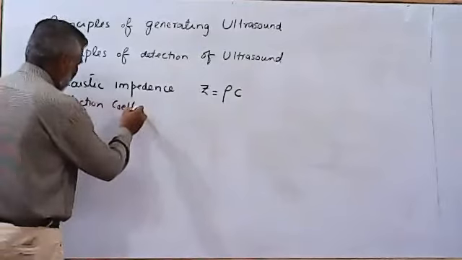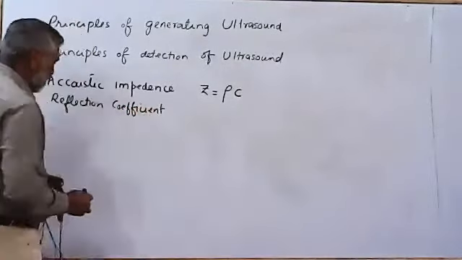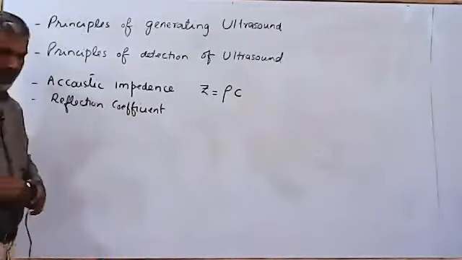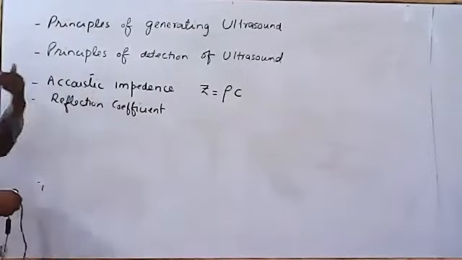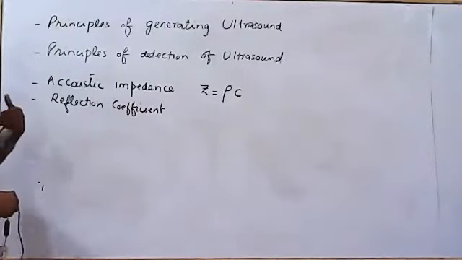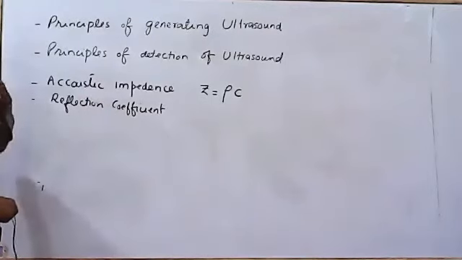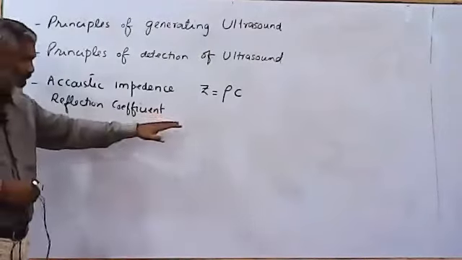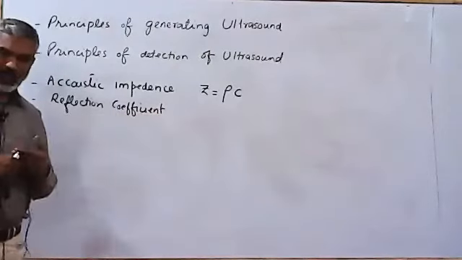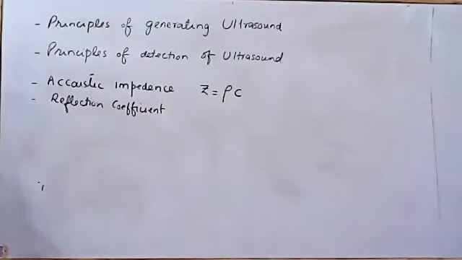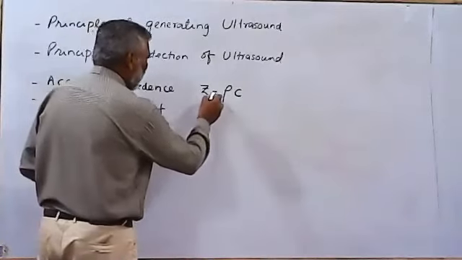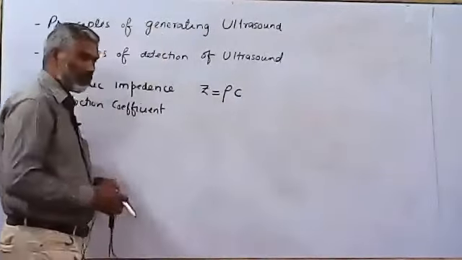The reflection coefficient is simply the part of the incident radiation that gets reflected into the same medium, which gives us an idea of how much of the incident radiation has gone into the next medium, that is, how much is transmitted into it. More transmitted means a good image is possible, so it gives an idea of whether the ultrasound image is going to be of good quality or not.